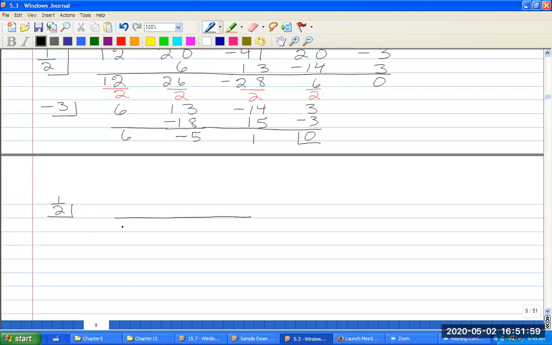And so drop down to 6. Actually, let me rewrite this. 6, minus 5, and 1. So I can only have plus or minus 1, a half, a third, and 1/6. That's all that's left to look at.